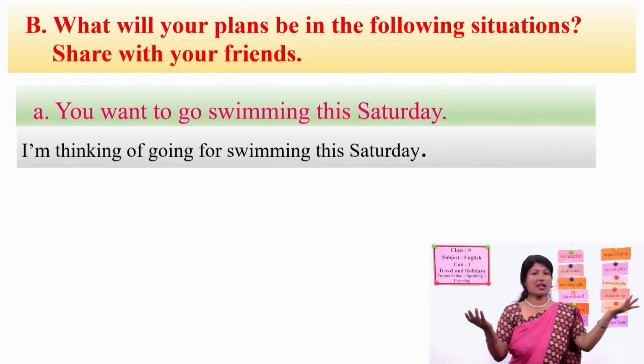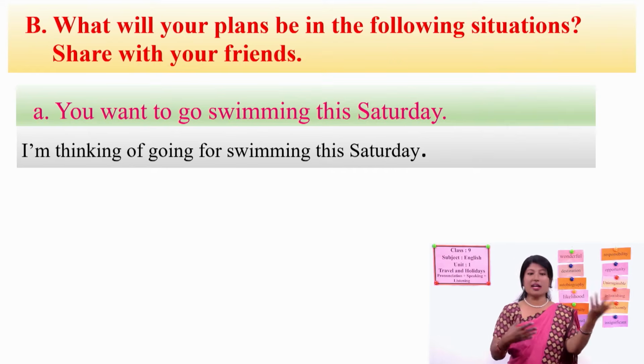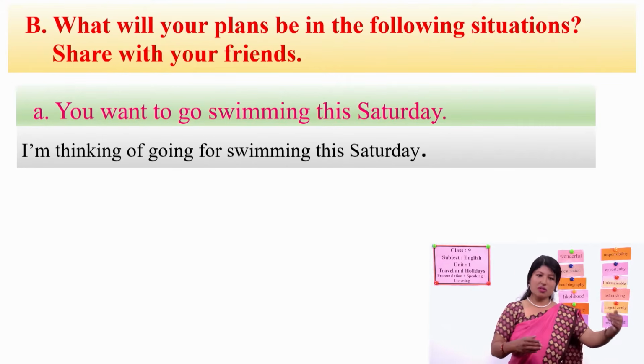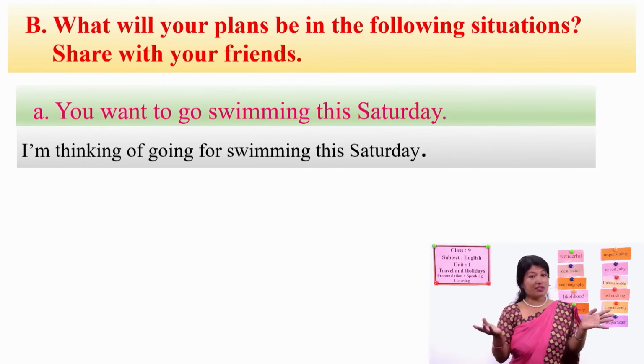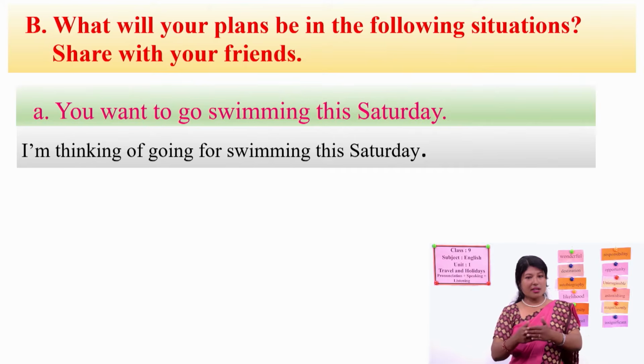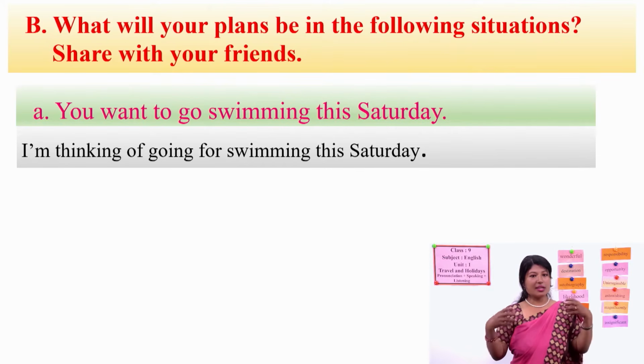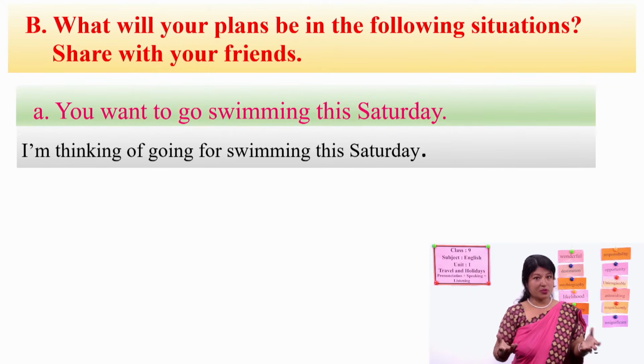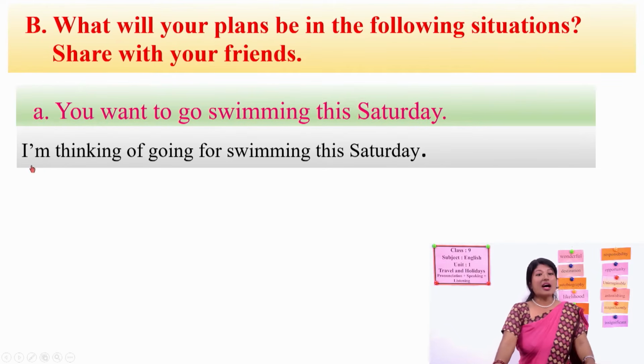You can use either thinking of or planning to, or I intend to, any one among these three, right? Some other ways may be there, but right now you can just think of these ways. Or you may say I will go. There are these ways that you can express your plans or intentions. So for this, you can express like this.